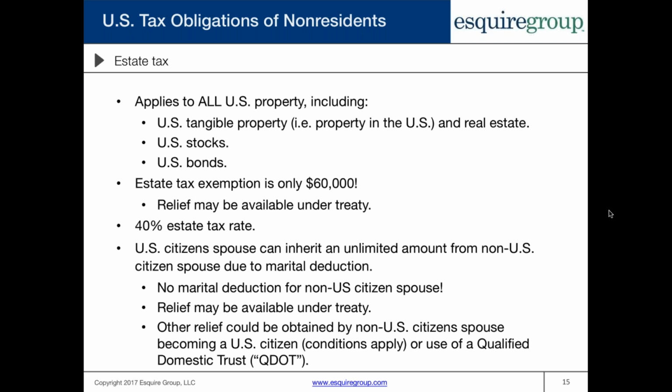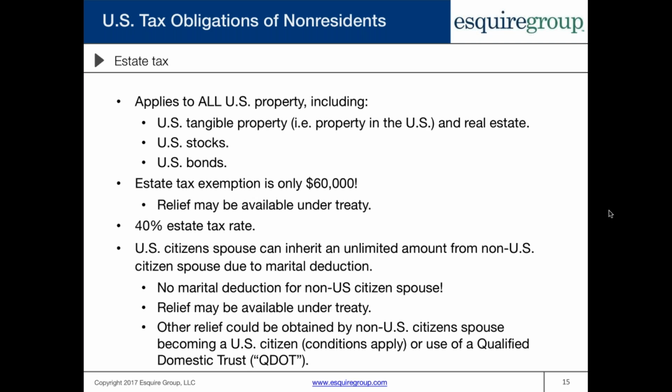Again, the U.S. does have several estate and gift tax treaties, so there may be some relief available, but generally it would be the fair market value of the non-resident's U.S. assets that would be subject to U.S. estate tax at 40% on anything over and above the $60,000 exemption.